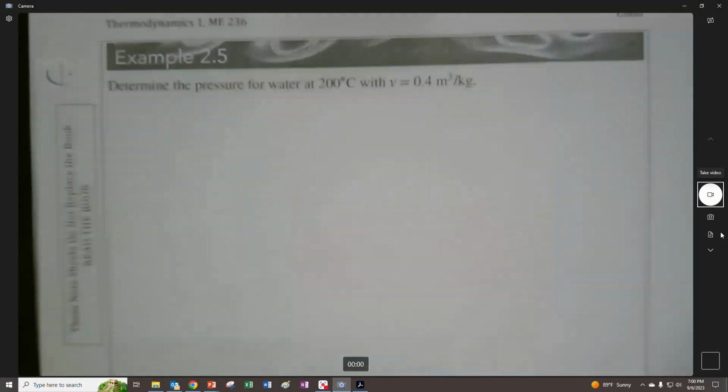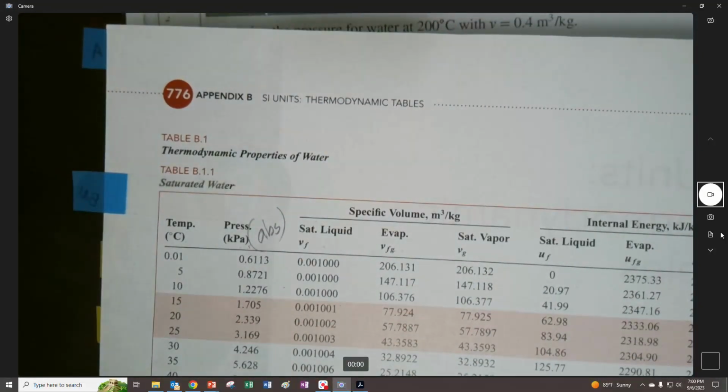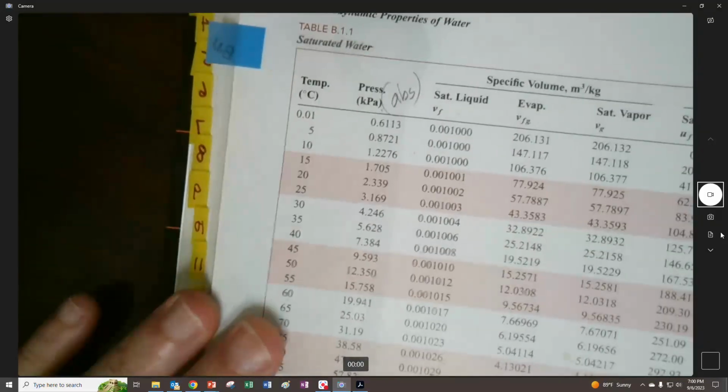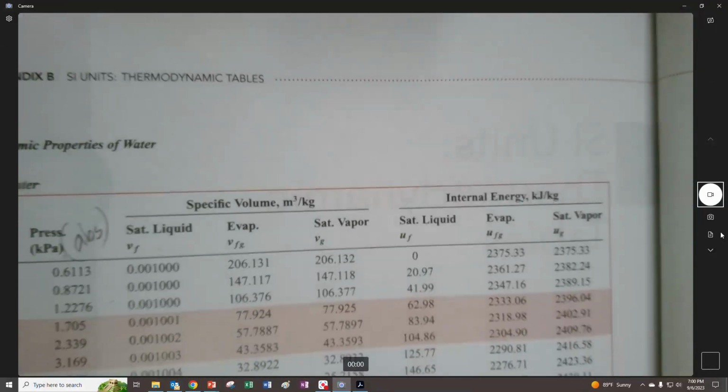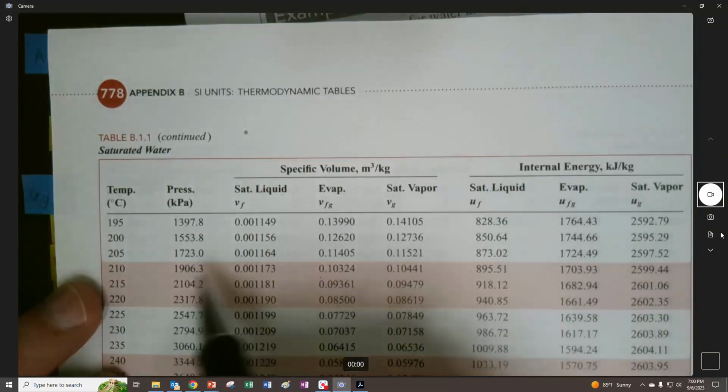Let's check it out. Let's go to the tables, because I have it tabbed. We have a temperature of 200 degrees, right? The temperature for 200 degrees, I believe, is on the next page at the top. And so we check it out.